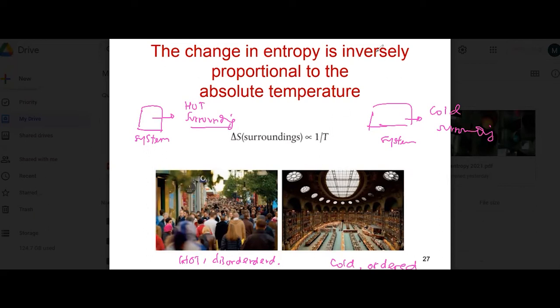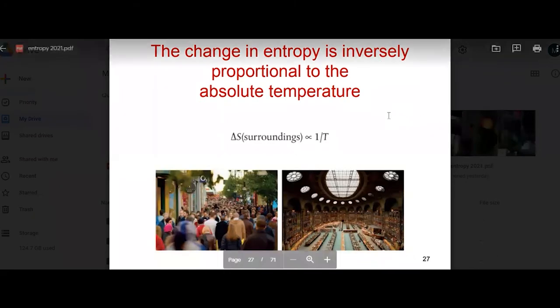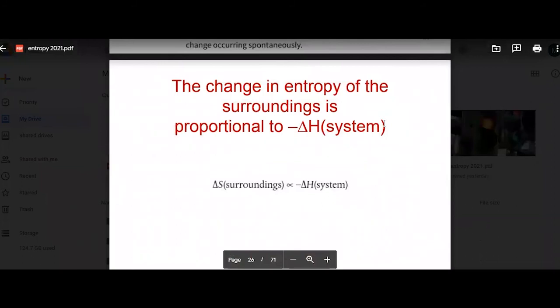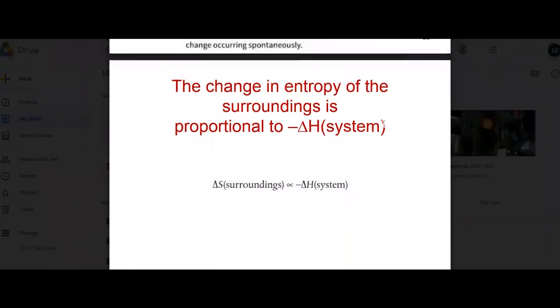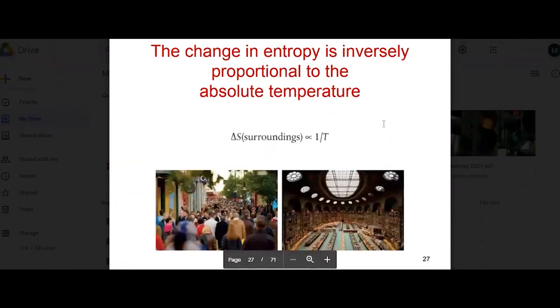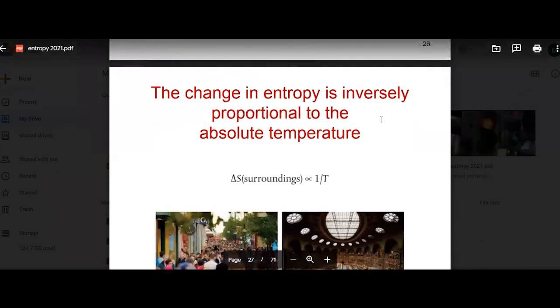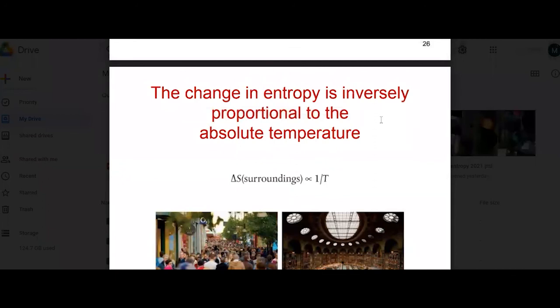Understand? So we can see once again that delta S surroundings equals the negative of the delta H system. We also see that delta S surroundings is proportional to 1 over T.